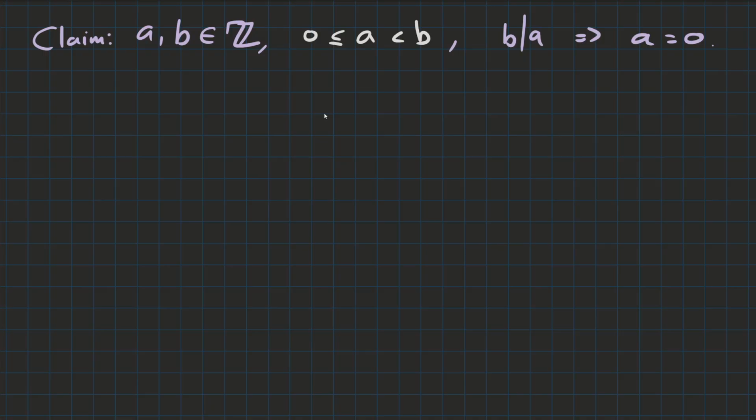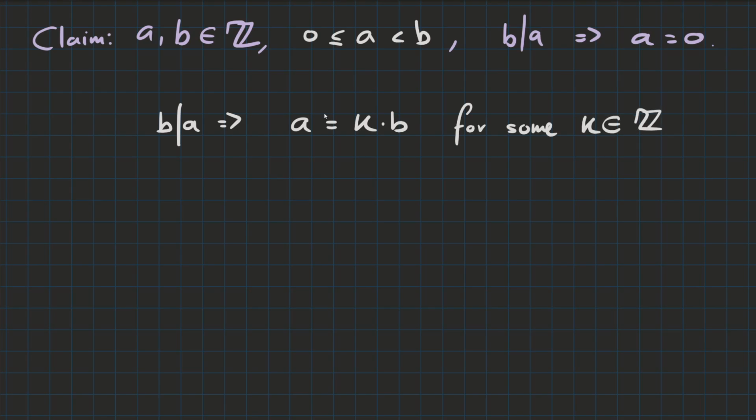So let's take a look at the proof here. We know B divides A, so that means that A can be written as KB for some K in Z. Now we're going to suppose that A is greater than or equal to 1, so it's going to be by contradiction.